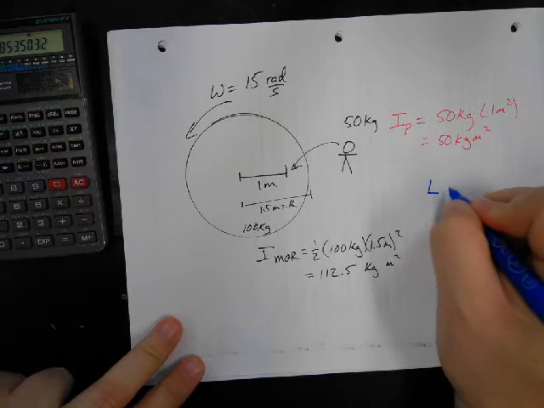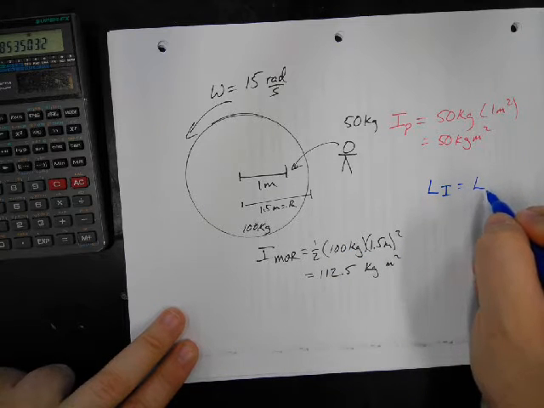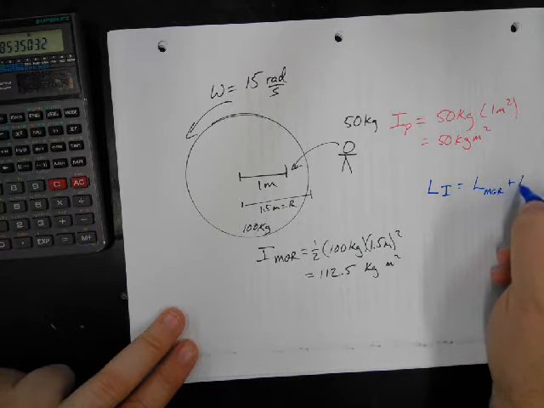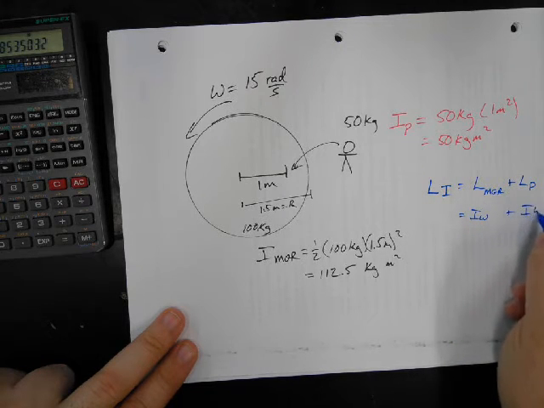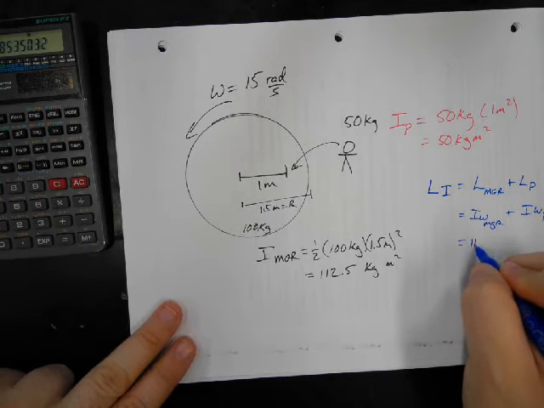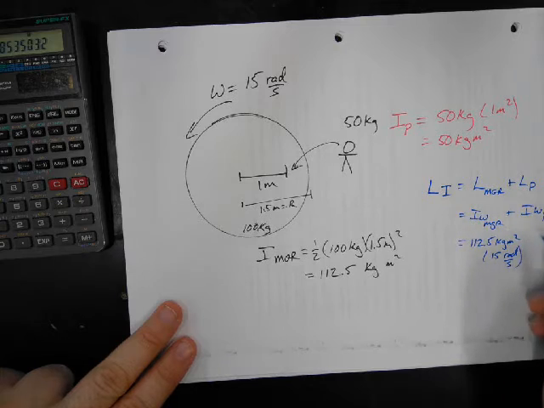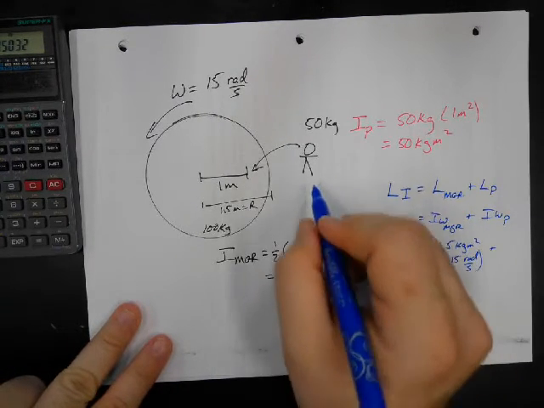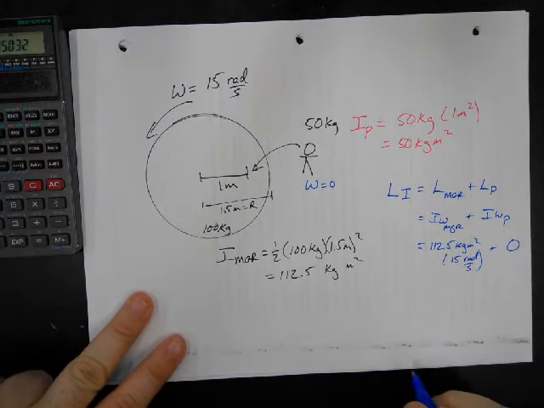So what we can look at is the initial angular momentum, which is going to be L for the merry-go-round plus L for the person, which is I omega plus I omega for the person. And so this is 112.5 kilogram meter squared times 15 radians per second, plus, well, the person isn't moving, no angular velocity, so that term is going to be 0.